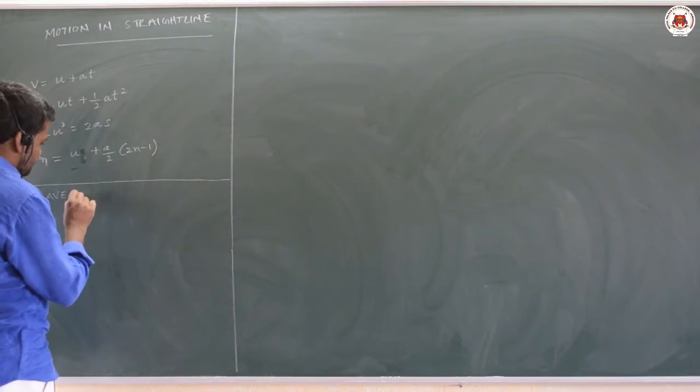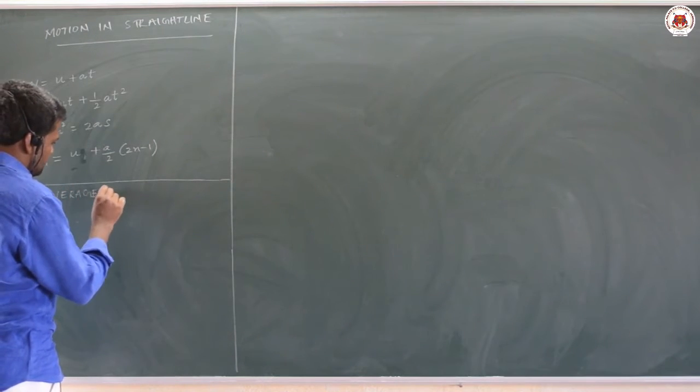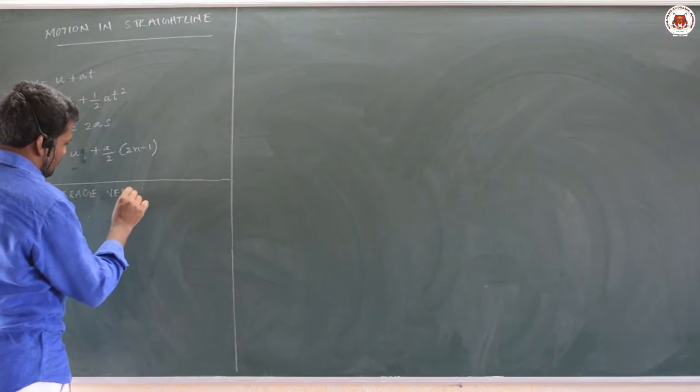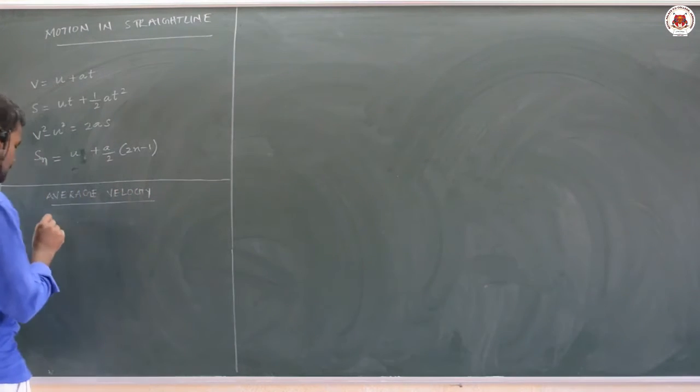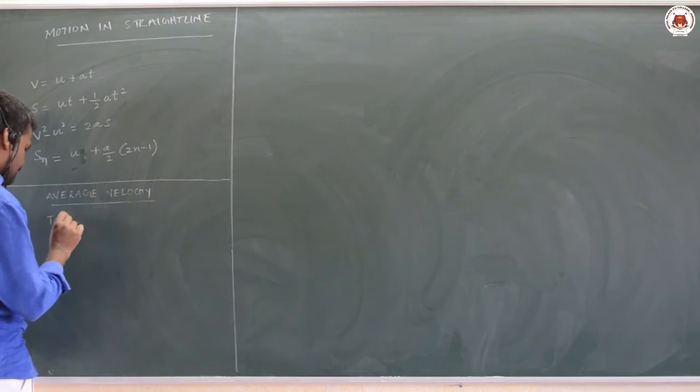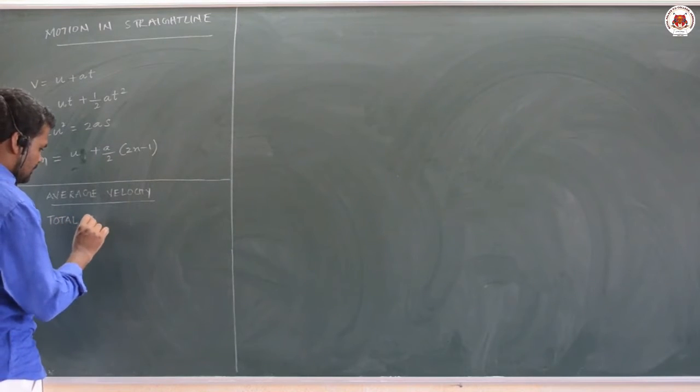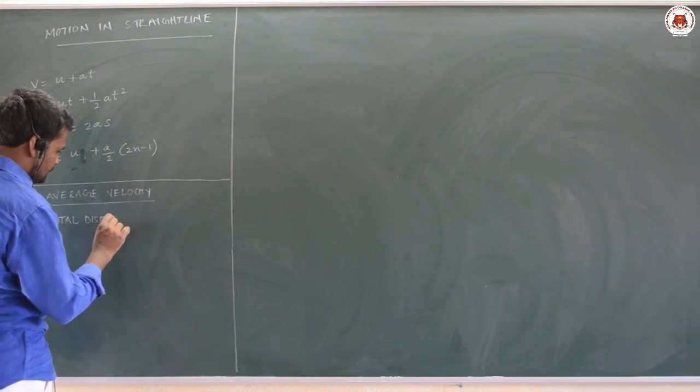Average velocity is total displacement by total time.